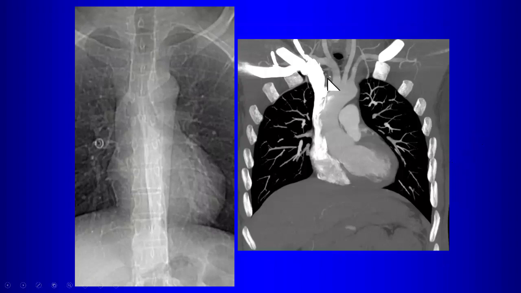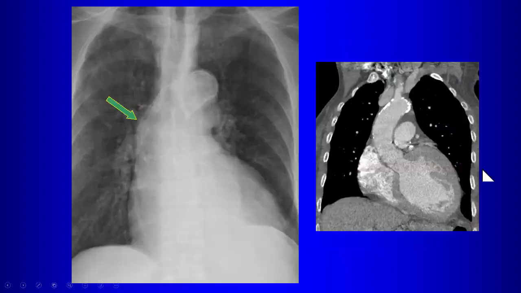And then here's a nice coronal CT, also showing you the anatomy: superior vena cava, right atrium on the left side, aortic knob, pulmonary artery, left atrial appendage, and the rest of the border is the left ventricle. Most of the time, that right border up here is the superior vena cava, but if you have a tortuous ascending aorta, or an aneurysm of the ascending aorta, sometimes this border can be formed by the ascending aorta. In this case, with atherosclerotic disease and a tortuous aorta, you can see how that border is formed by the ascending aorta.